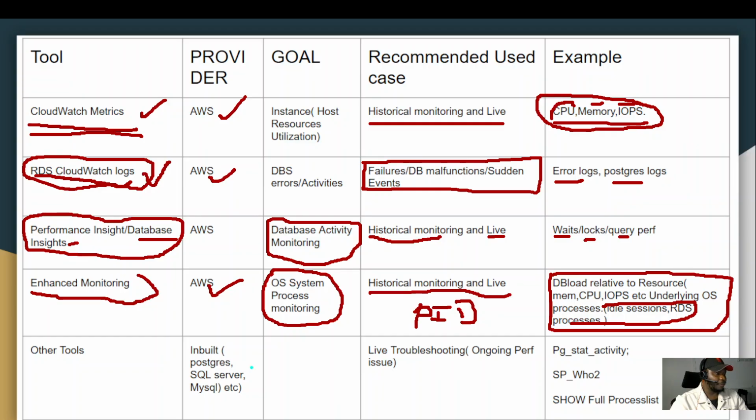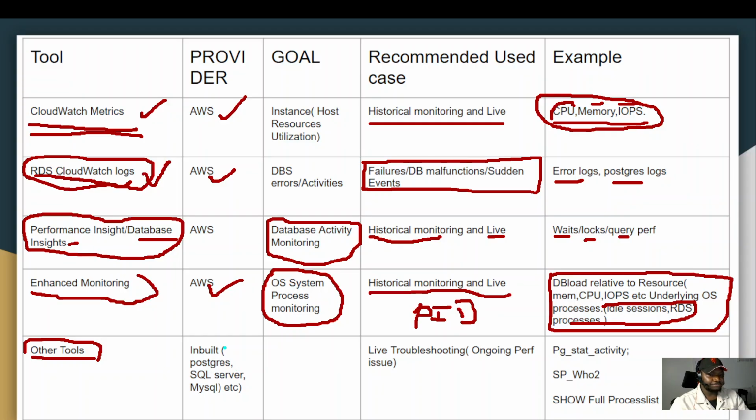Okay, guys. So the next tools that we have are known as inbuilt tools, right? Naturally, each database engine like Postgres, SQL Server, and MySQL provides inbuilt tools that you can use to monitor. So RDS also allows you to use those inbuilt tools.